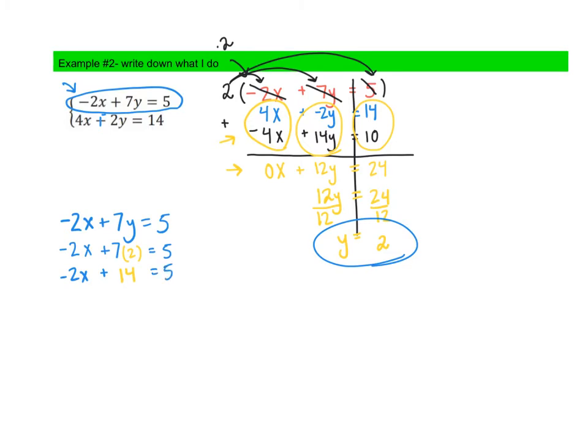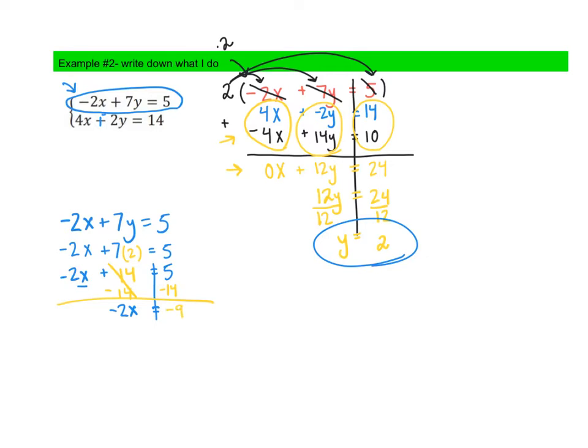And from there, I'm going to draw a line through my sign, solve algebraically for this x. Right now it's being added to 14, so I'm going to take away 14 from both sides. Over here, I'm just left with negative 2x equals 5, take away 14, this becomes negative 9.